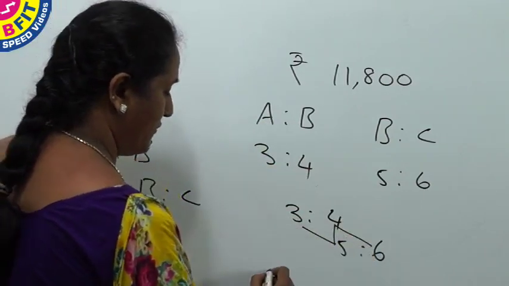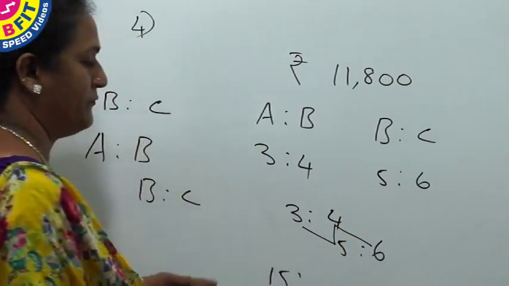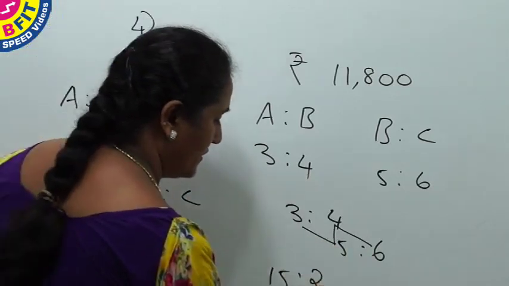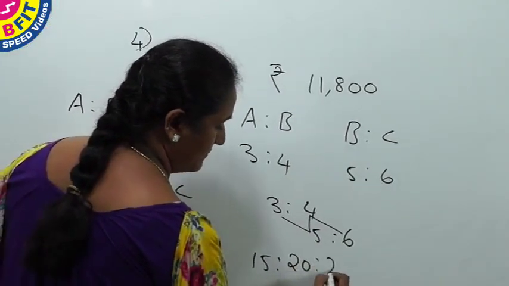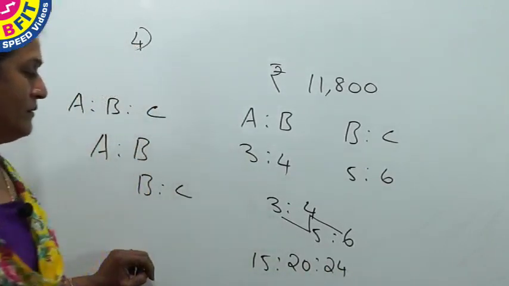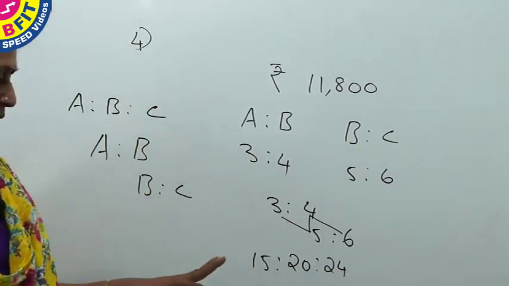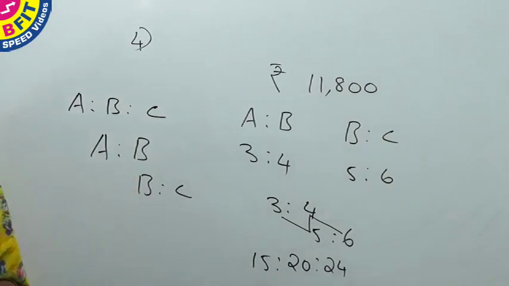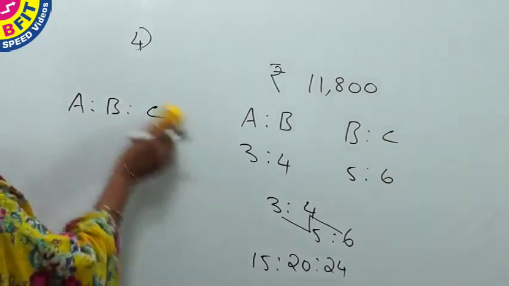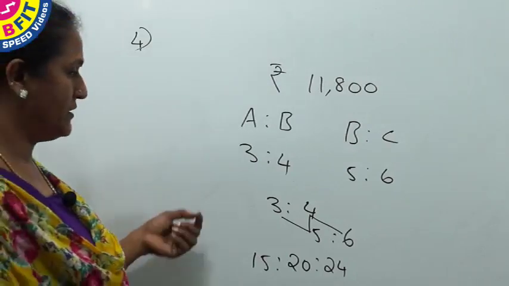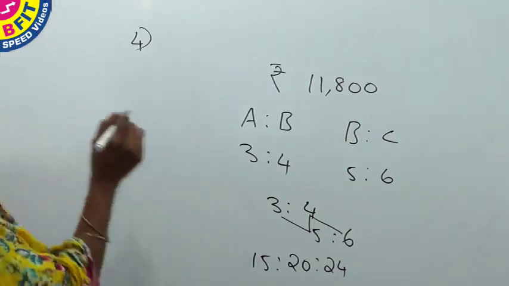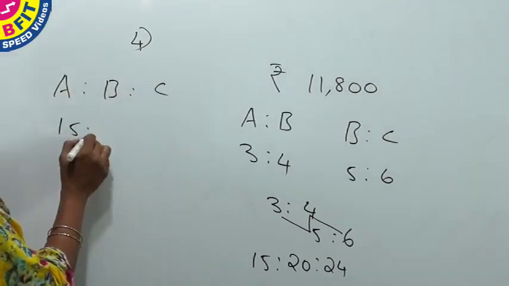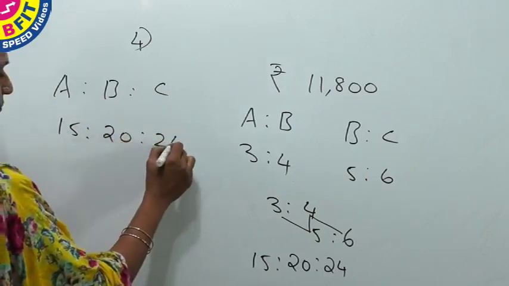Find the product of 3 and 5, so the first person's part will be 15, and multiplying 4 and 5 gives 20, and then 24. If we have any common value, we can simplify, but this itself gives the ratio for A, B and C. So 11,800 is shared between 3 persons, A, B and C, in the ratio 15:20:24.